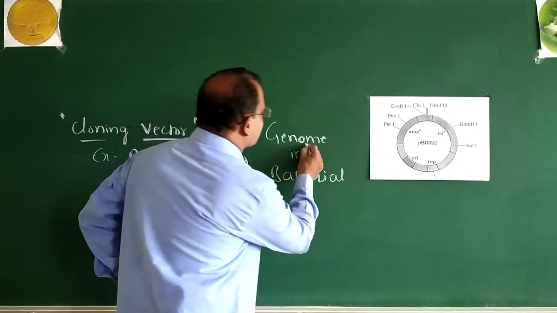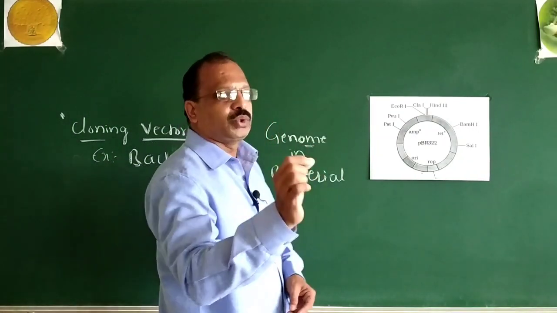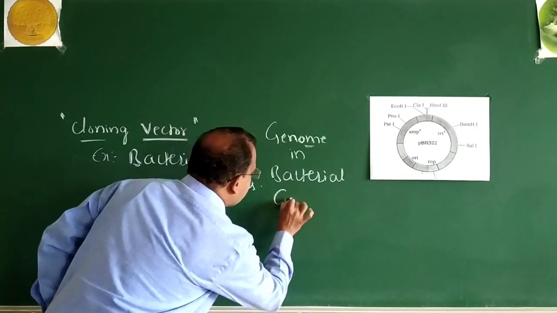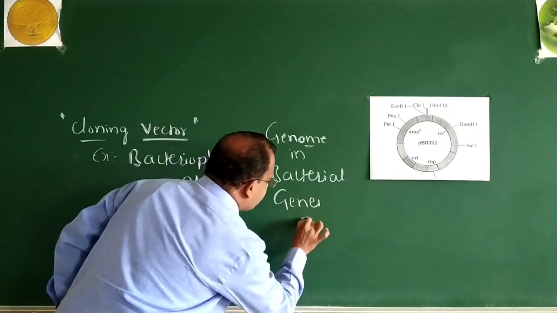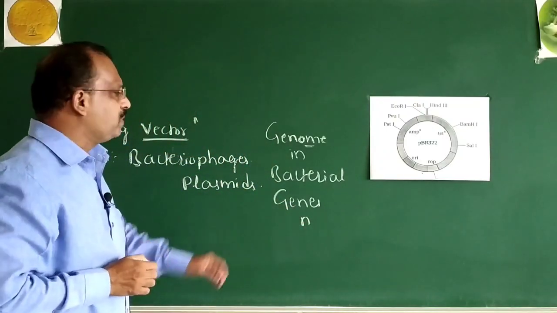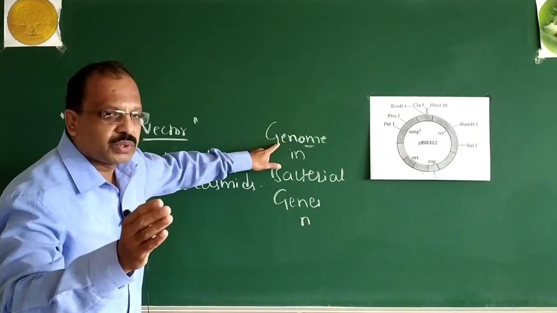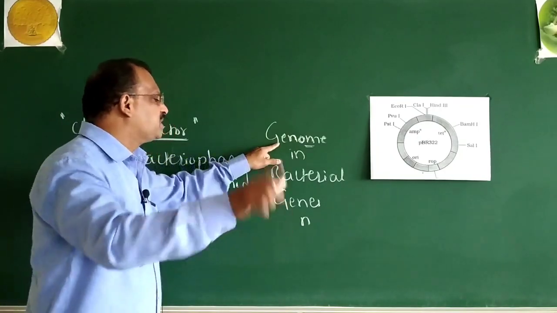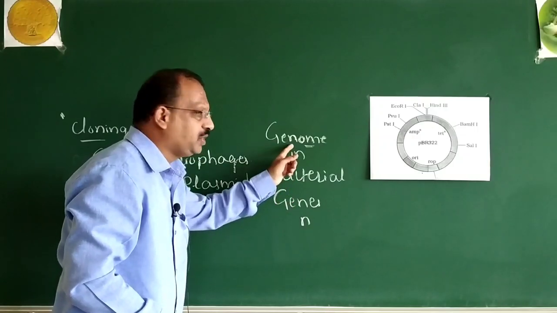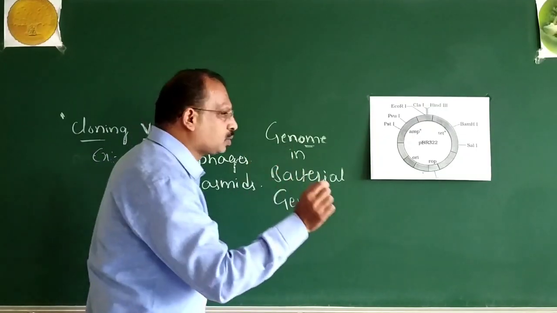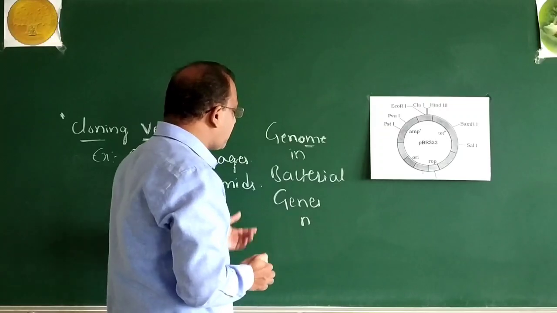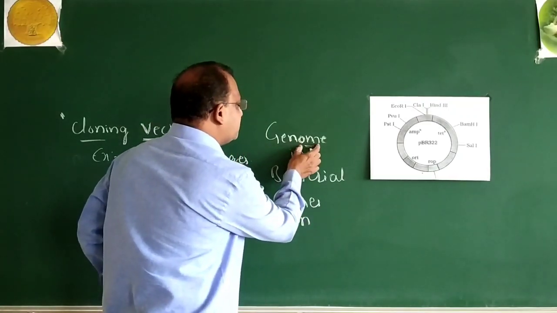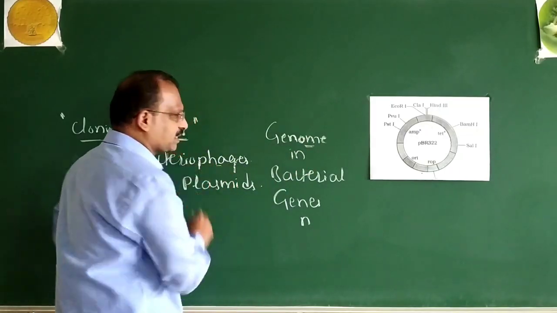Now the question arises, what is this genome? The total number of genes located in a haploid set of chromosomes is called the genome. I hope the point is clear.